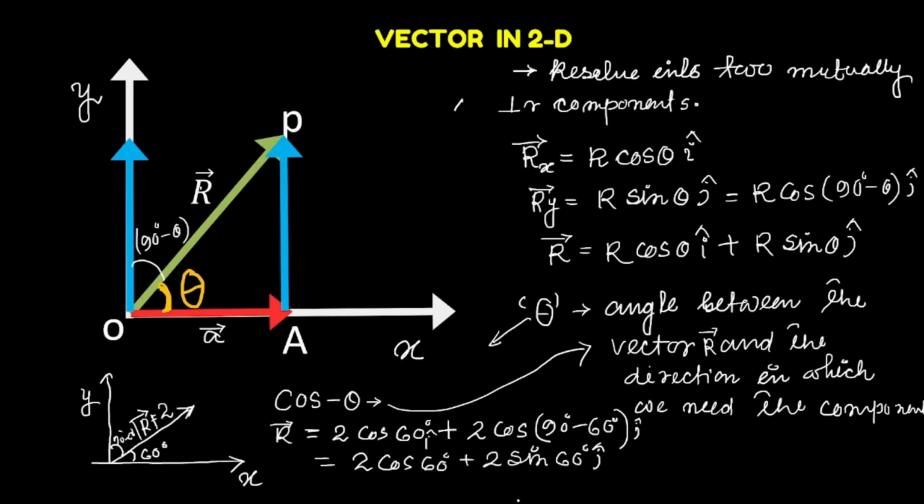So this is how we represent a particular vector in 2D in two mutually perpendicular components.